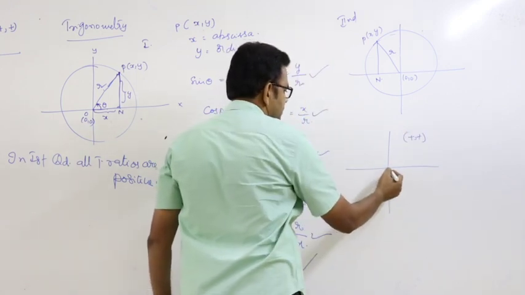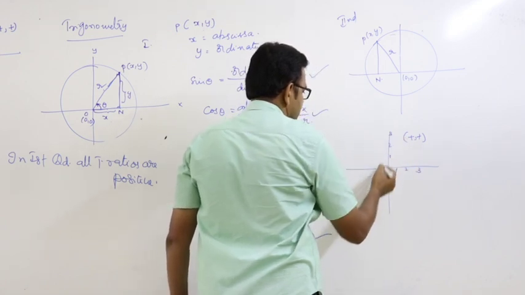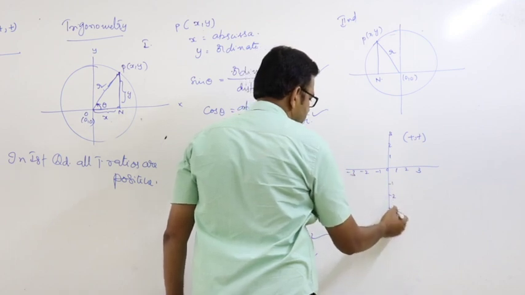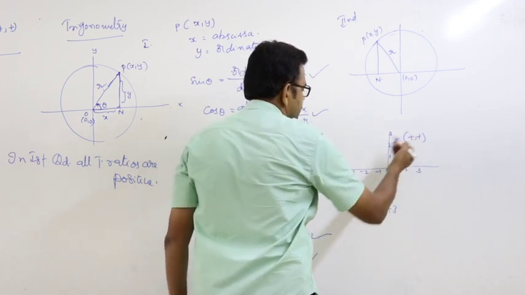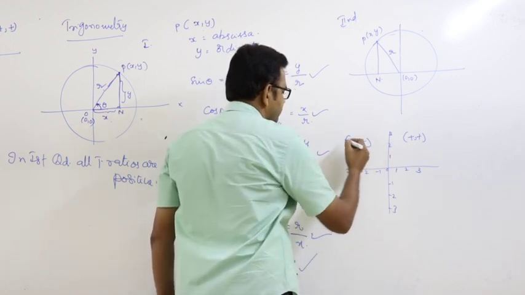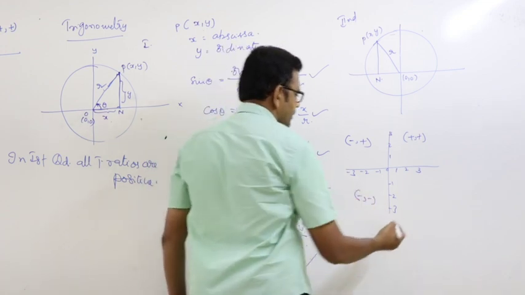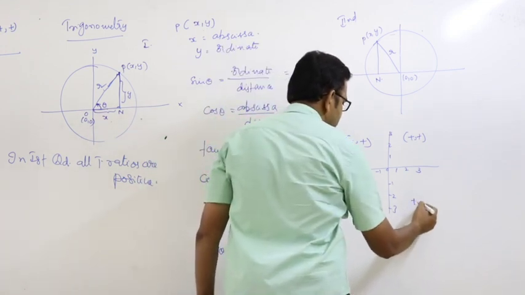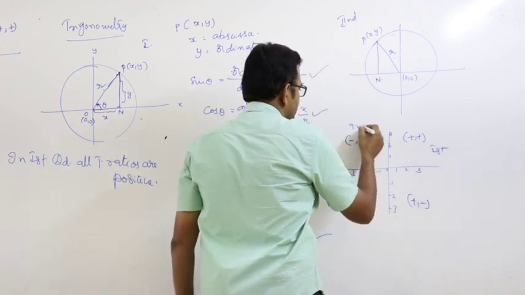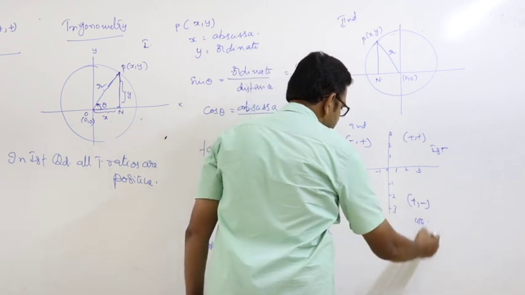Second quadrant, x coordinate negative, y coordinate positive. Third quadrant, x coordinate negative, y coordinate negative. Fourth quadrant, x coordinate positive, y coordinate negative. So, this is the first quadrant, second quadrant, third quadrant, and this is fourth quadrant.